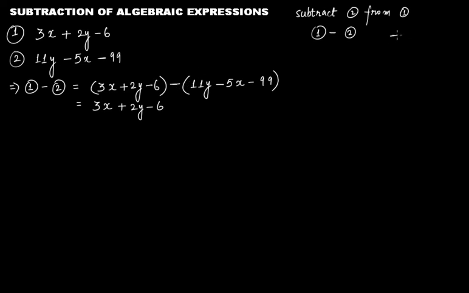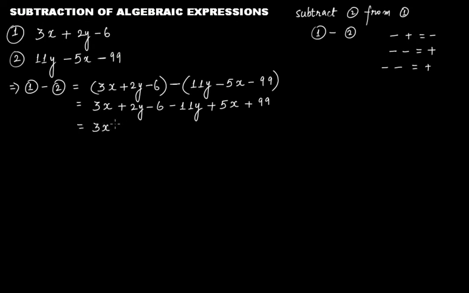So whenever minus fights with plus, it makes it minus, so minus 11y. Minus outside the bracket, minus within the bracket, so minus fights with minus becomes plus. This is plus 5x. Minus outside the bracket, minus inside the bracket, minus fights with minus makes it plus. So this is plus 99.